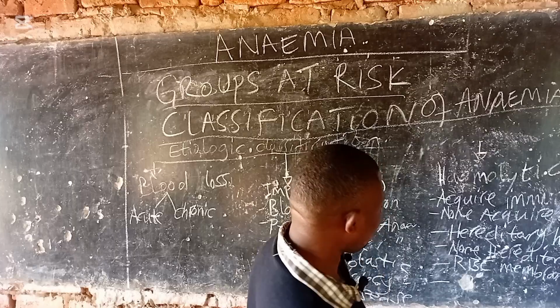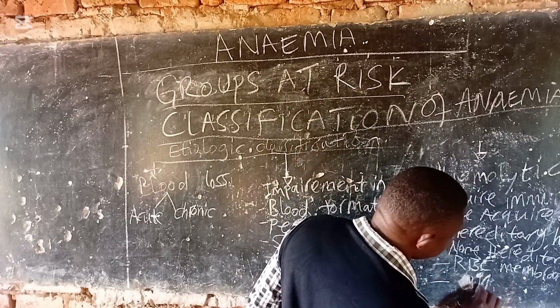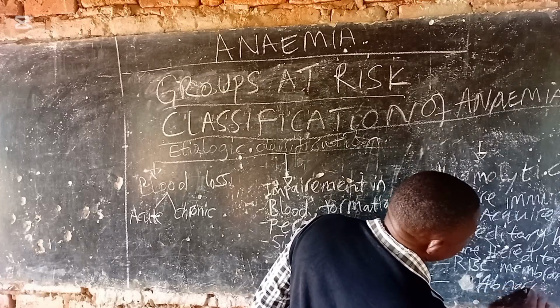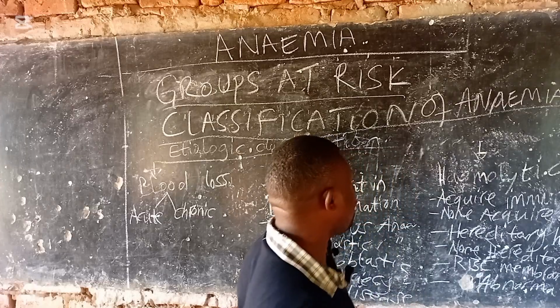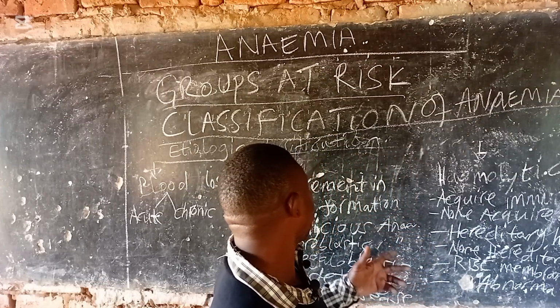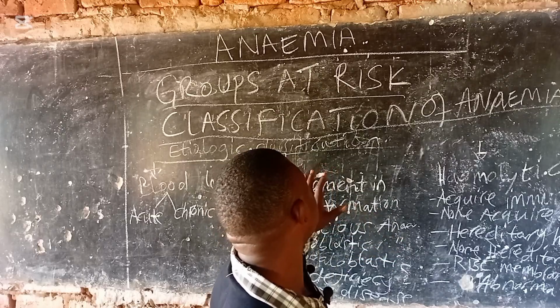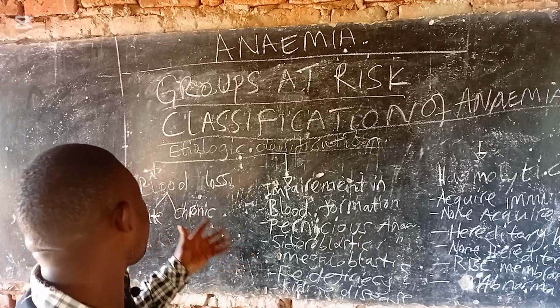Then abnormal hemoglobin is also a problem. So these are some of what we can talk about for now about the classification. Let us start tackling one by one.